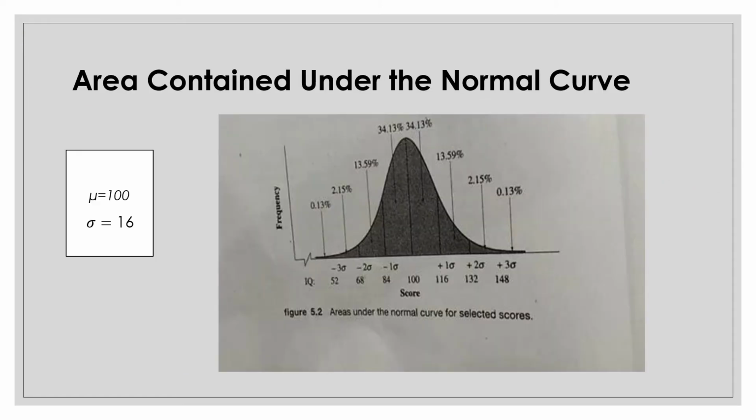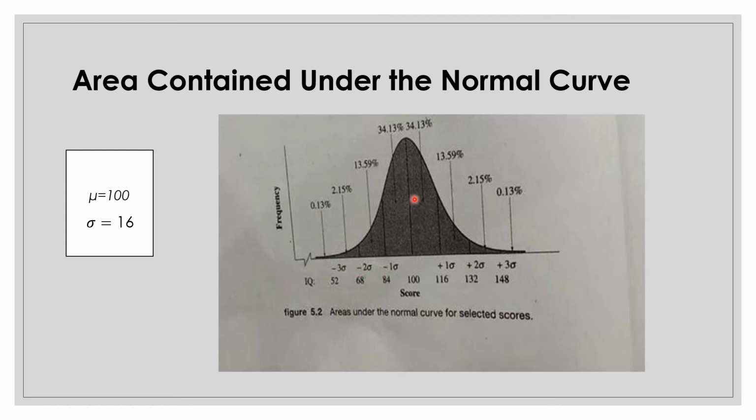The next table shows figure 5.2, which shows areas under the normal curve for selected scores. Now, notice that the population mean is 100 and the standard deviation is 16. So here is the mean 100, and on the right side are one, two and three positive standard deviations, and on the left side you have the negative standard deviations 1, 2, and 3.